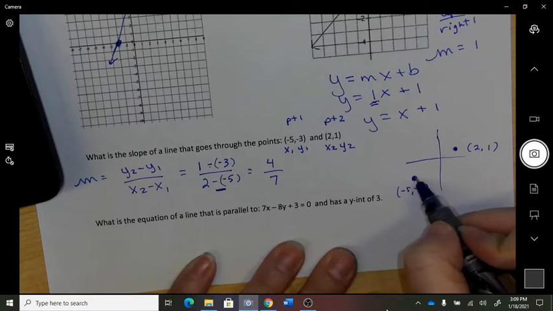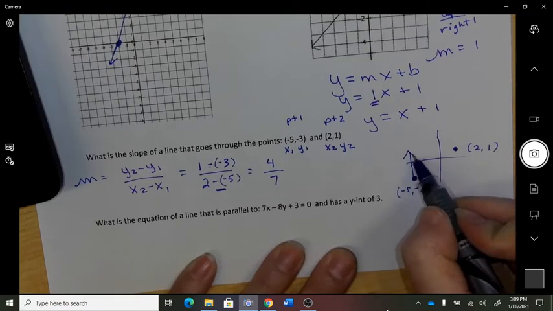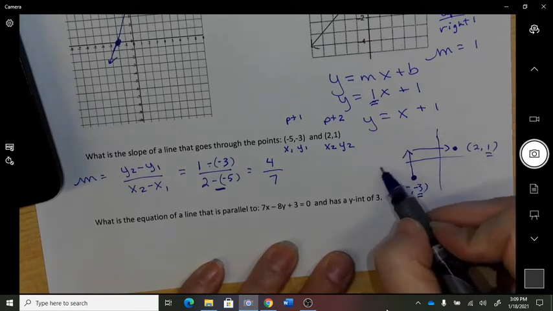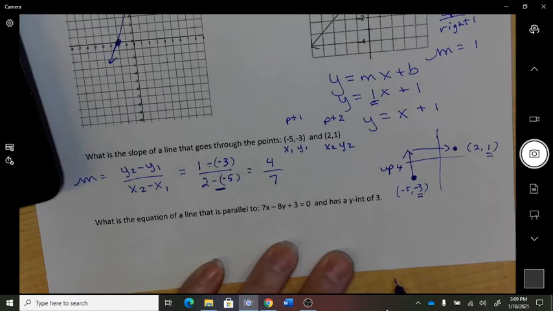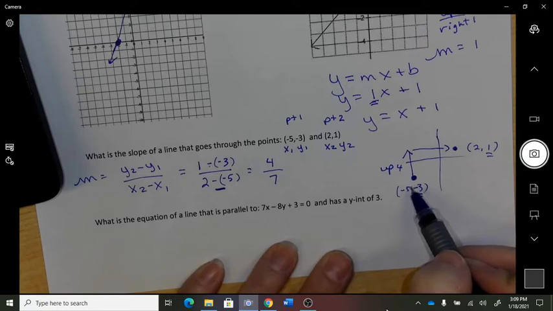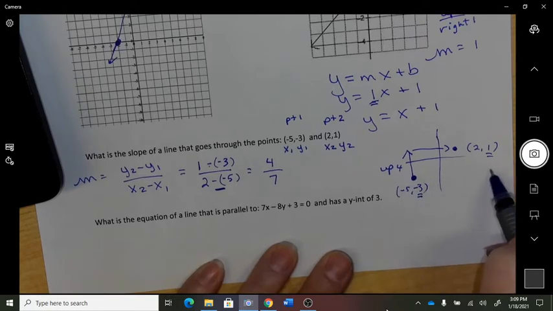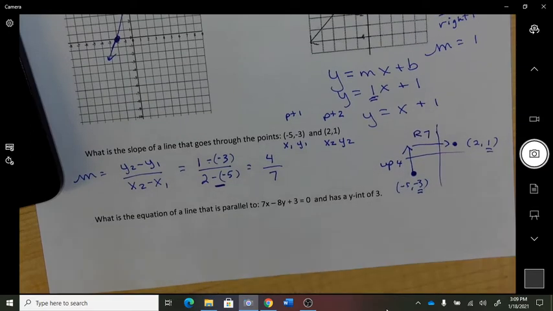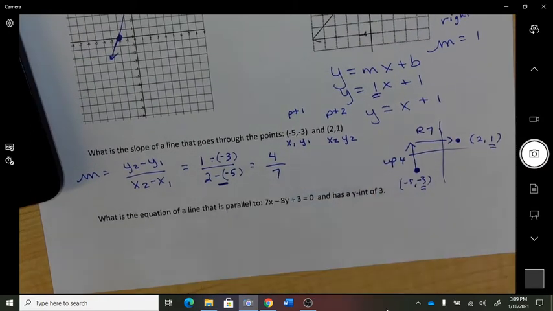So you can just ask yourself, what did you do? I went from a -3 to a 1, so I went up 4. And I went from a -5 on the integers, right? And think of a number line. I went from -5 all the way over to 2. So that is a right 7. Same idea.